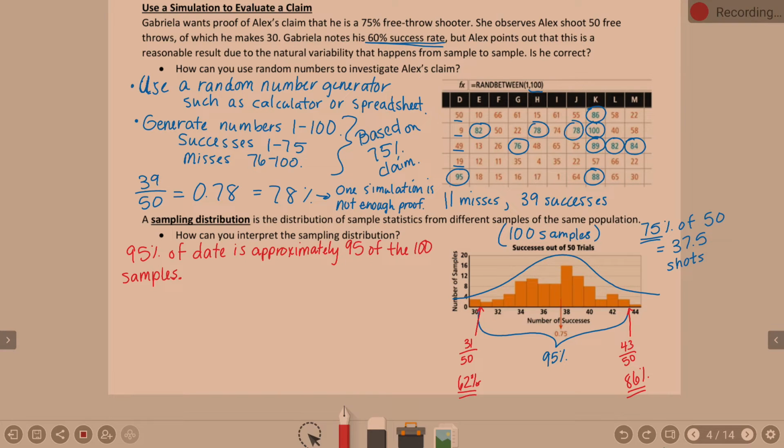Since 95% of the data is approximately 95 of the 100 samples, that means 95% falls between 31 to 43 successes.